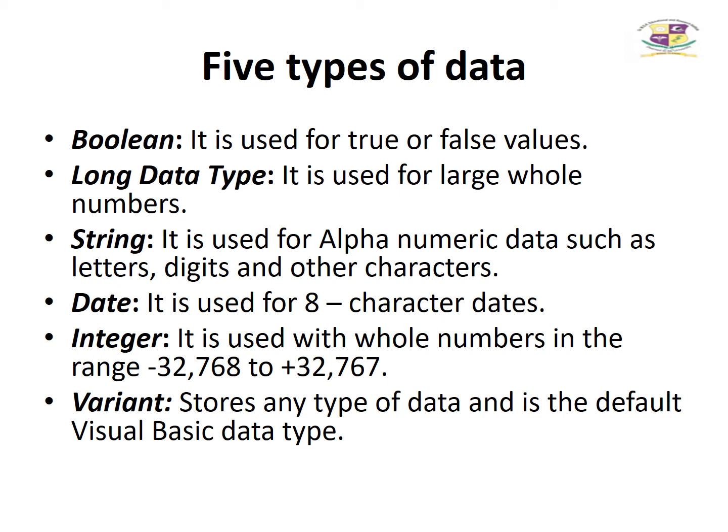It is used for 8-character dates, for example, the day, the month and the year. So in total it consists of 8 characters. The next is integer. It is used with whole numbers in the range given in the slide. The next one is the variant, which is the default Visual Basic data type and it stores any type of data.